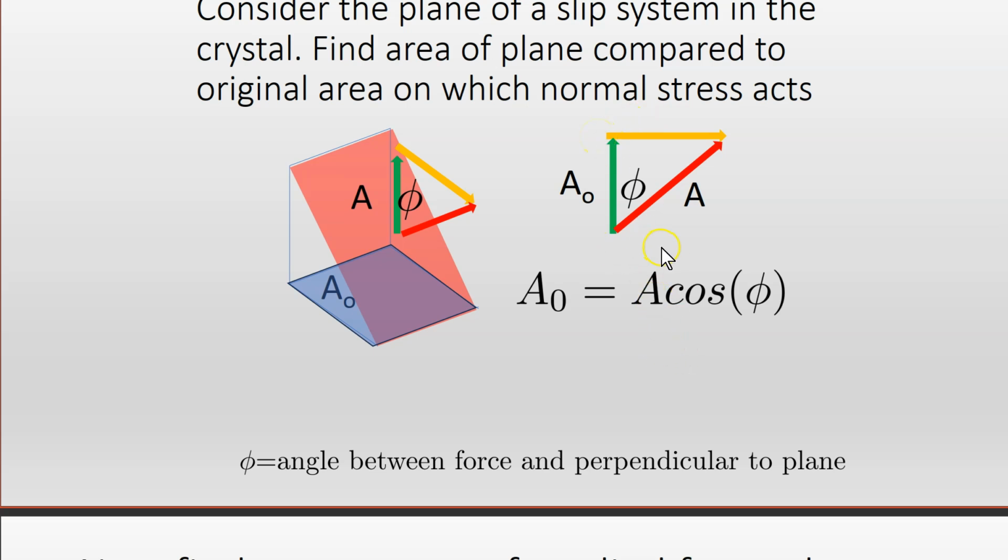Therefore, this area A is equal to A naught over cosine phi. So just to define further, phi is the angle between the force we're going to apply and the perpendicular to a particular plane. That's going to be our slip plane.